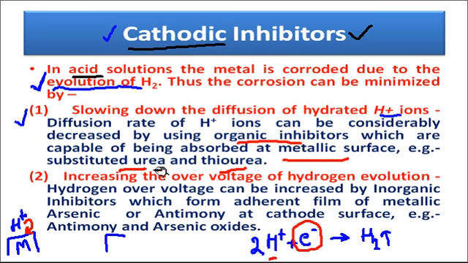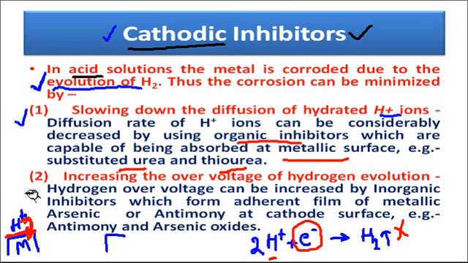As these organic inhibitors are adsorbed on the metallic surface, the H plus ion cannot reach the metallic surface. If the H plus ion cannot reach the metallic surface, then this reaction will not take place. That's why the cathodic reaction will stop and the further rate of corrosion can be controlled.